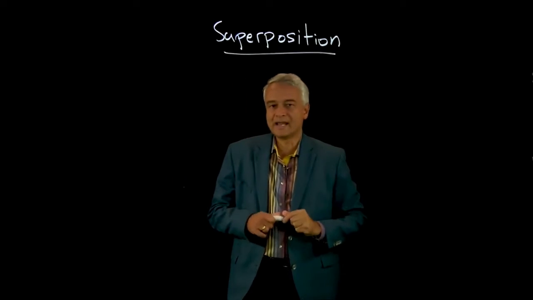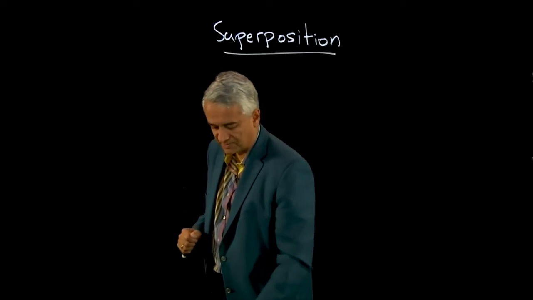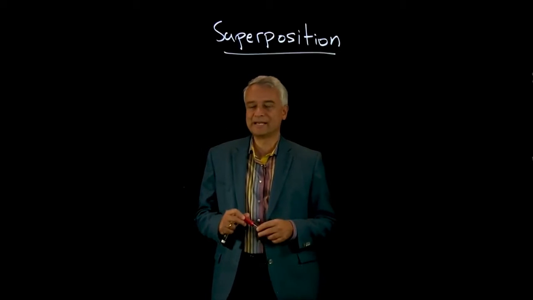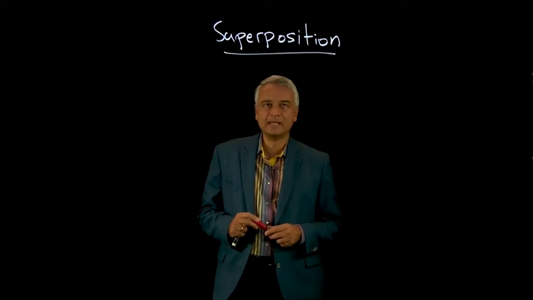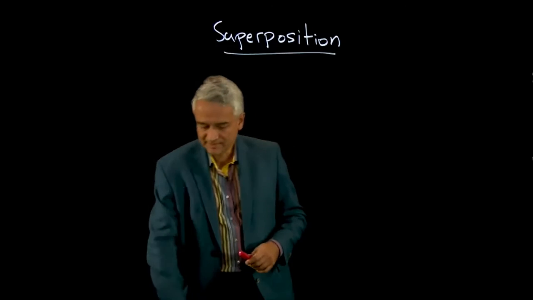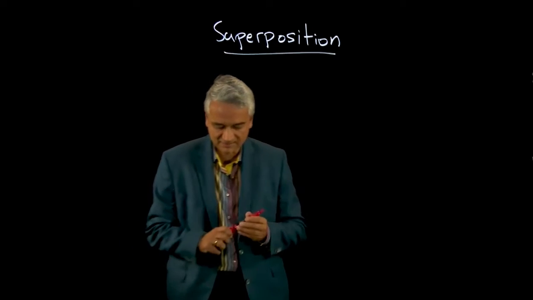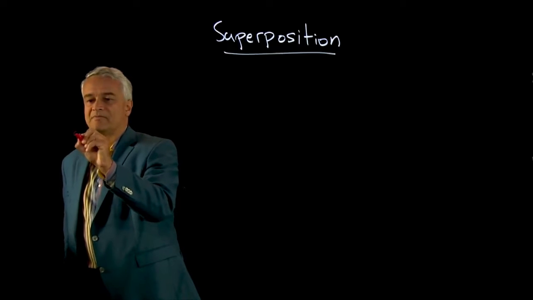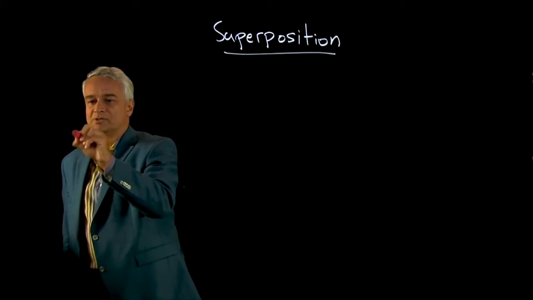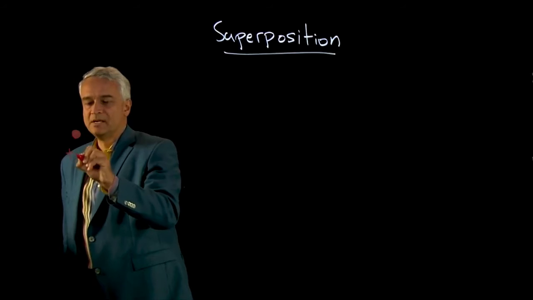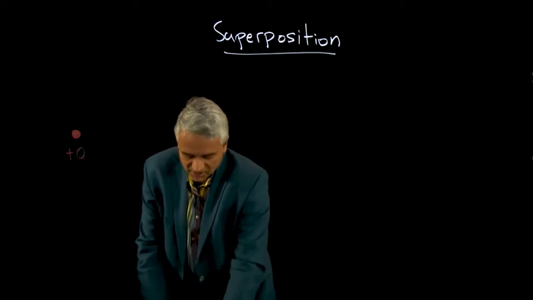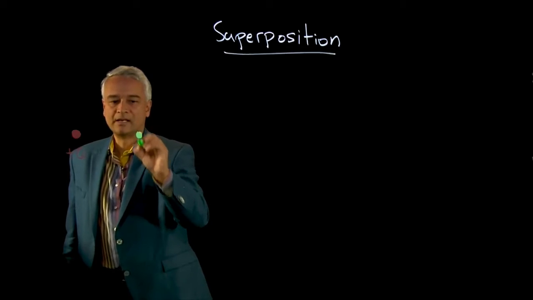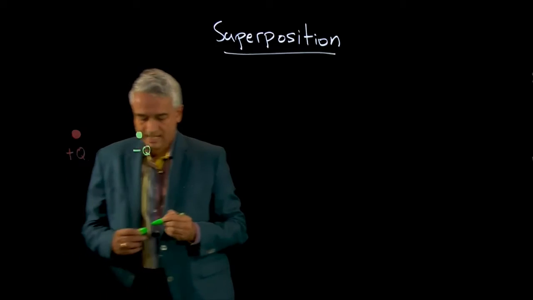This is something which, on the one hand, feels obvious. The superposition principle is something that we use in a way that feels completely natural, and sometimes we don't think about it. But I wanted to pause and talk about where it comes from and how important it is. How did we first see it? Well, we first saw it at the moment when we introduced 2 charges for the first time. So we had, let's say, a positive charge here and a negative charge here.